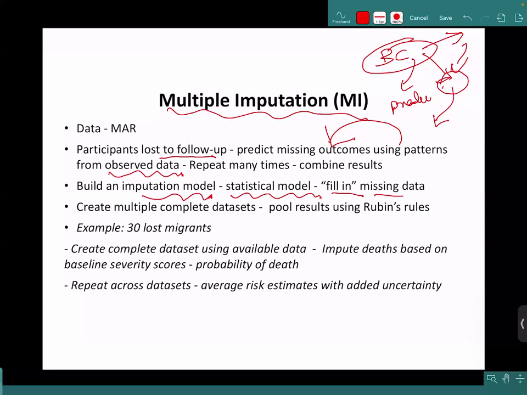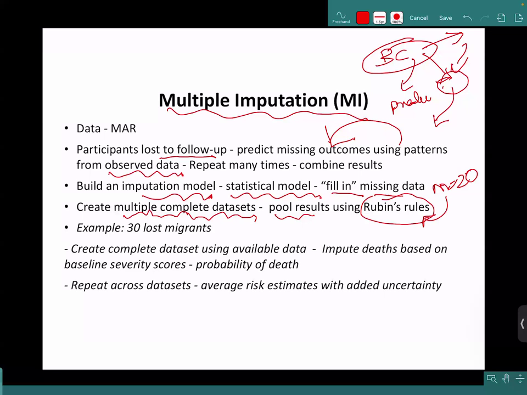So the thing is, you don't just use one model, you come up with multiple such statistical models and complete data sets, and then you pool the results. So a minimum of what is known as 20 imputations you have to do for missing data, and then you pool the results, the average of the outcome of the 20 results, and the standard errors or the variance is calculated using these rules.